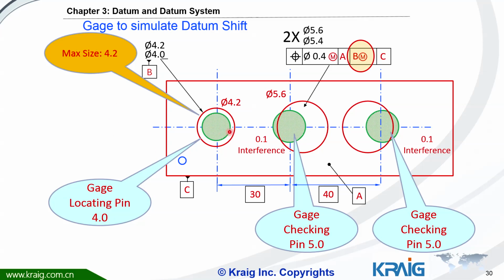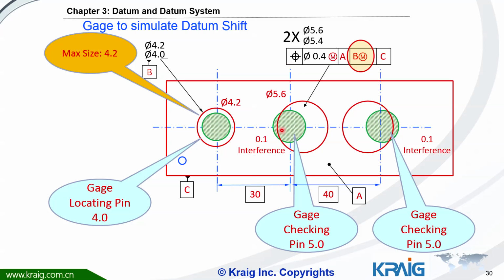You locate the part first. Next, you're going to make the checking pin. This one is the checking pin, and this one is the checking pin. We're going to push the checking pin at basic dimension. Once this checking pin can be pushed inside, that means the position is okay.